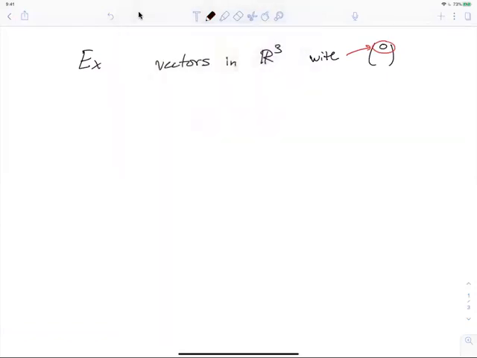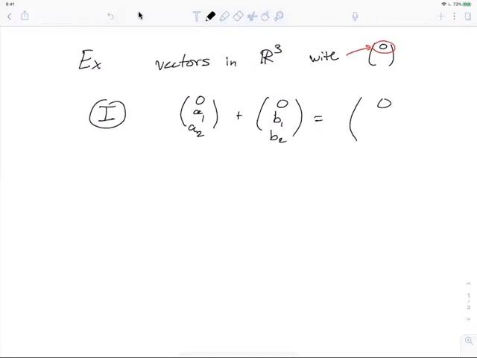We're describing a very particular subset of R3, things that are zeroed out in the first entry. And if we want to check, we can check: is it the case that if I take two generic vectors that are zeroed out in the first entry, you get something that's still zeroed out in the first entry? And sure enough, you do.